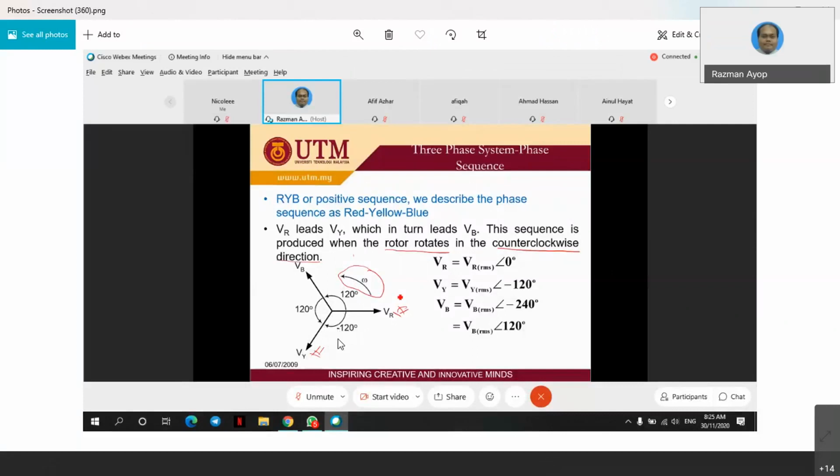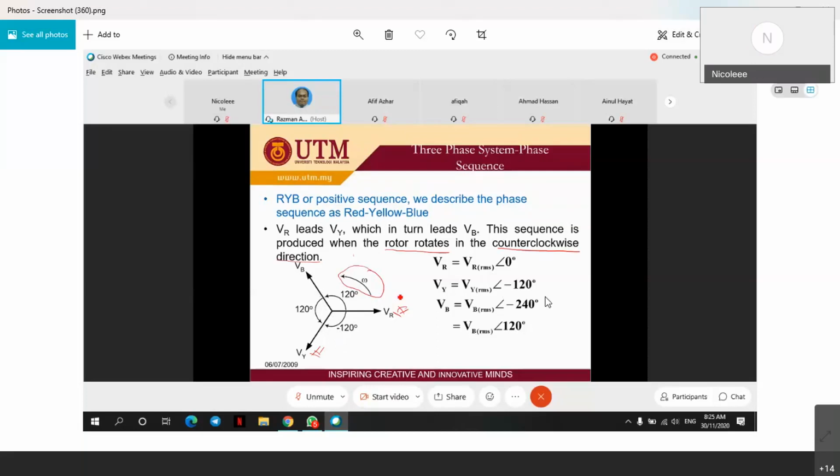But then between VB and VY, the angle goes counterclockwise and says 120 degrees instead of negative 120 degrees. For VB it is supposed to be negative 240, right?